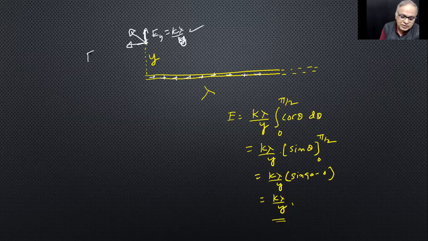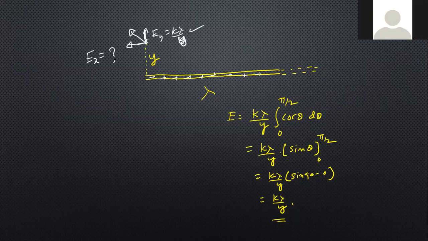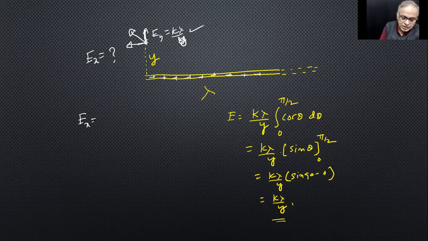How much is Ex? So instead of cos theta, we should do sine theta. Okay, let me try. Ex equals k lambda by y, you get sine theta here. Are you sure about it? 0 to 90 again.